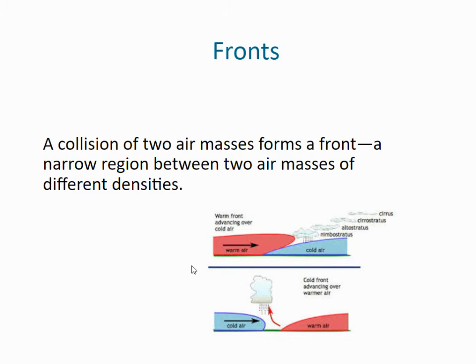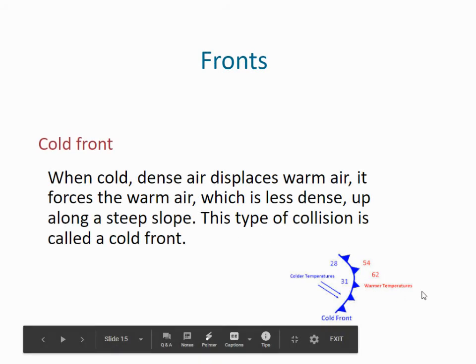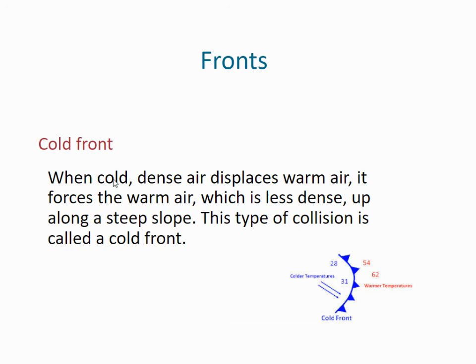Normally this is a high and low air pressure, or a cold and warm air front, that usually creates these different types of storms. A cold front is represented by your blue triangles. When cold, dense air displaces warm air, it forces the warm air, which is less dense, up along the slope, and the collision creates a cold front.